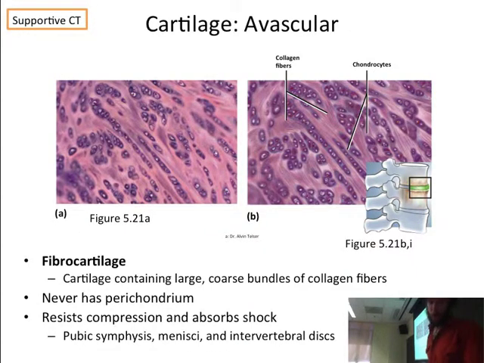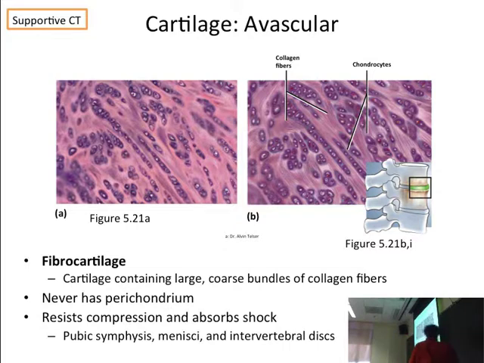Finally, fibrocartilage also has a very distinctive look. There's a sort of directionality to fibrocartilage where you have long strings of chondrocytes with much more recognizable collagen fibers laying along that same plane of directionality.